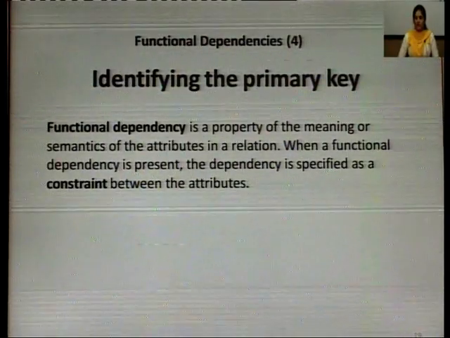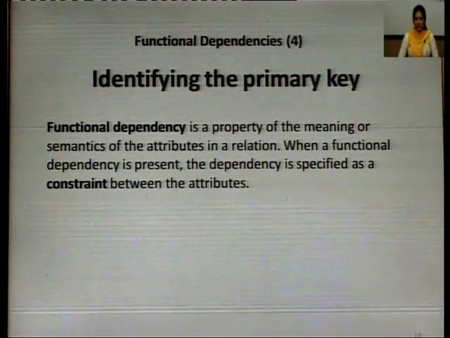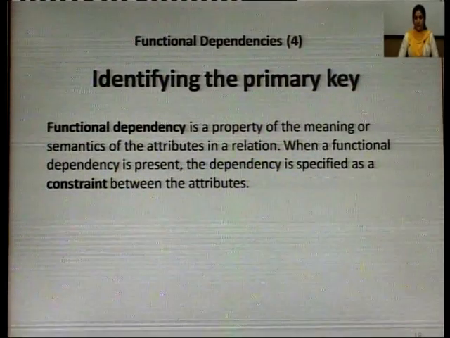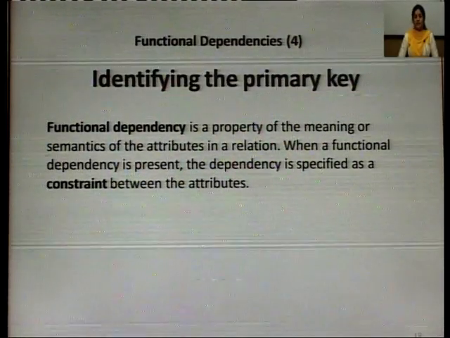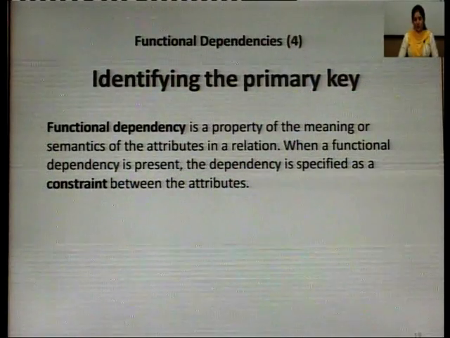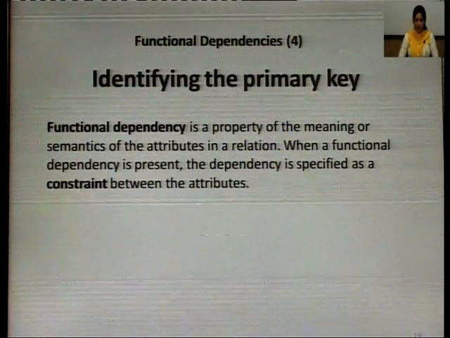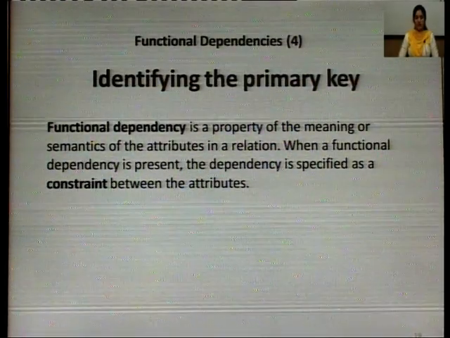The functional dependency is a property of the meaning or semantics of the attributes in a relation. What are semantics? Basically, they are some sort of logical expressions which need to be satisfied by the information which is being stored in your database.